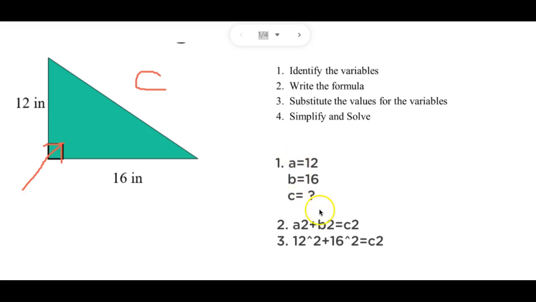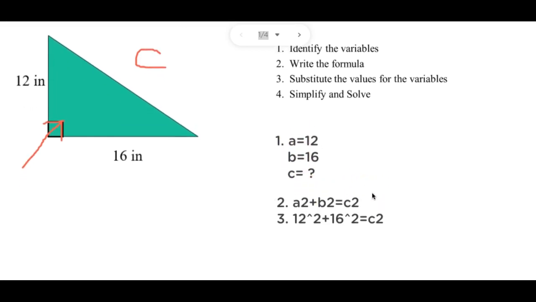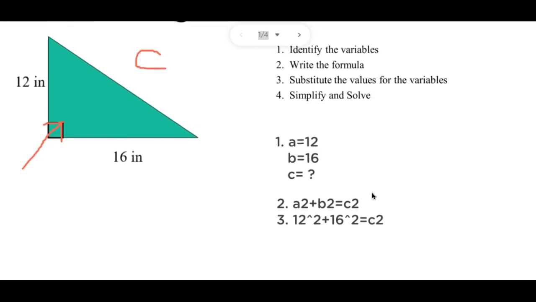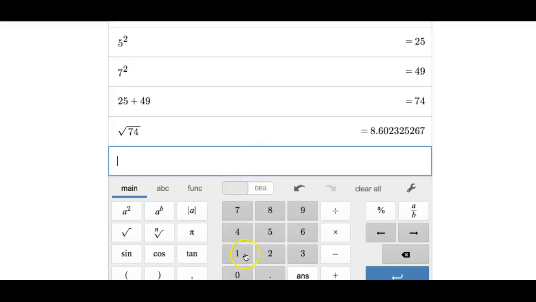All right. So now we're at the part where we need to simplify and solve. Many of you may not know this off the top of your head, but 12 squared is 144. And if you don't know 16 squared off the top of your head, no problem. 16 squared, it tells us that it's 256 equals C squared.